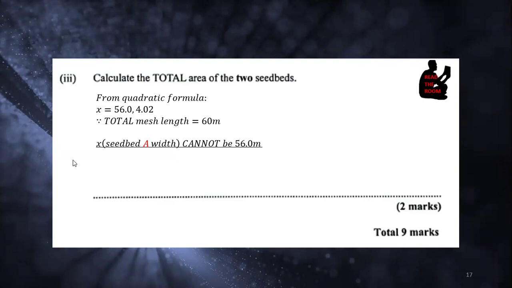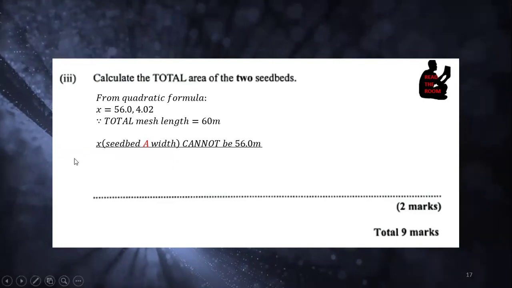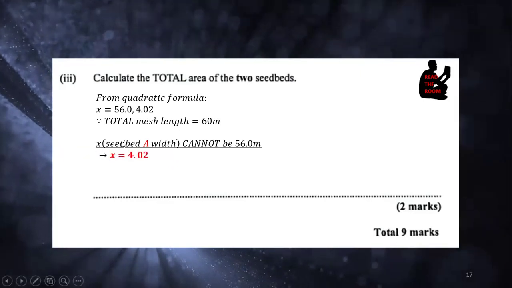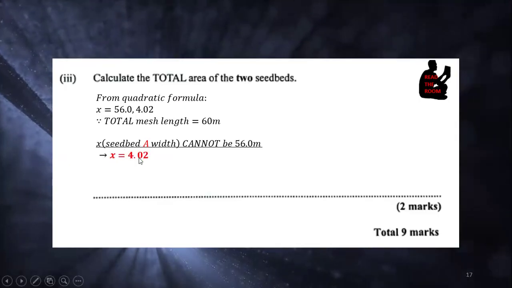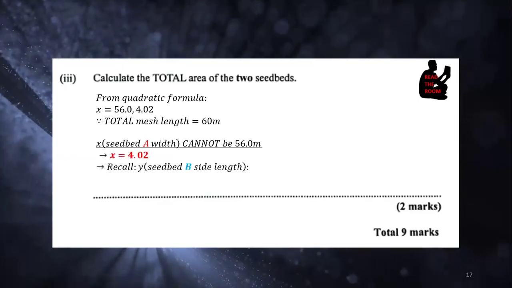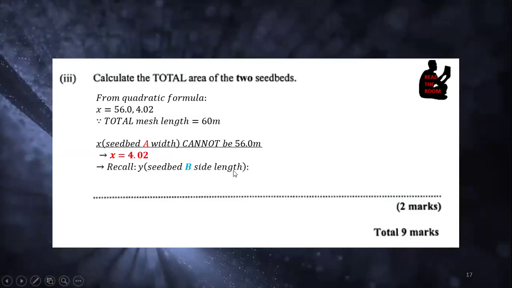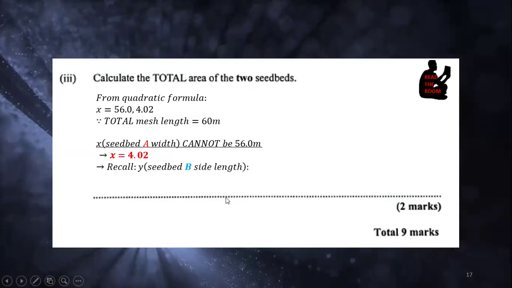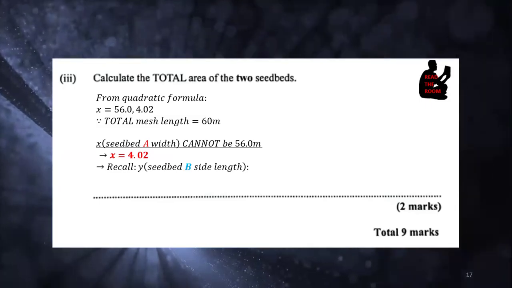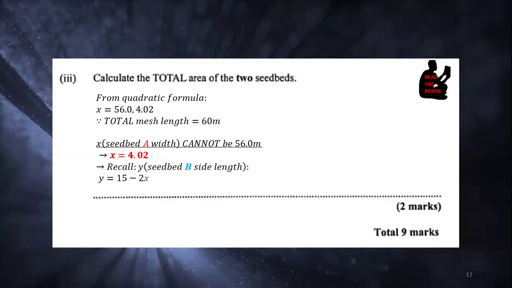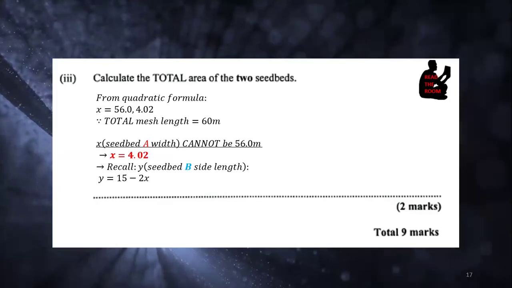Hey guys, awesome. Let's continue. So x is going to be 4.02. And recall that the seedbed B side length is going to be 15 minus 2x. You remember that?